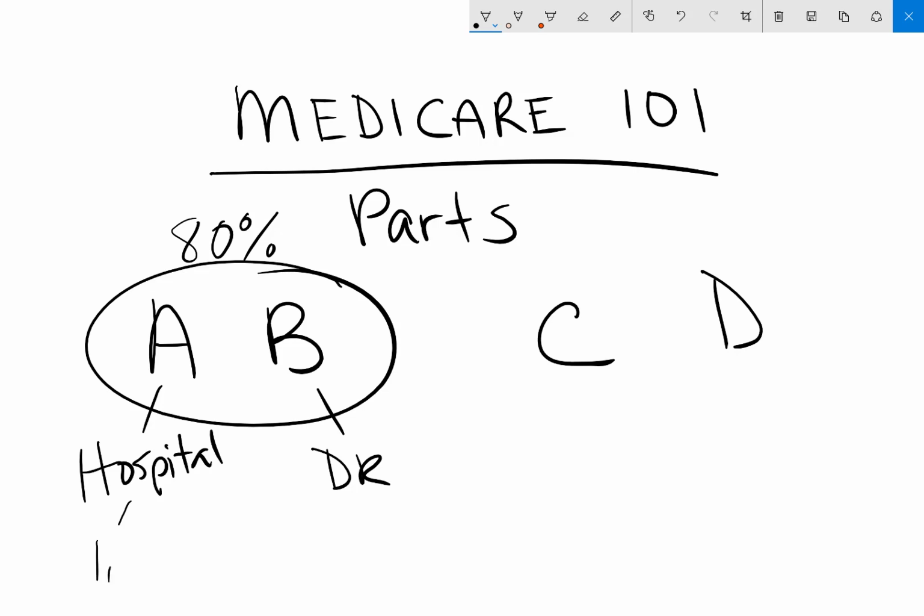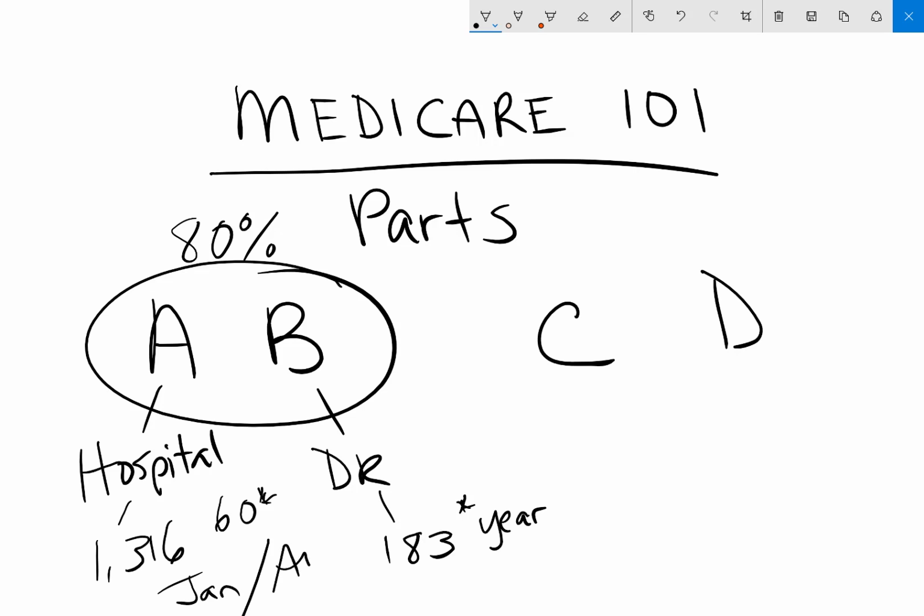Hospital is $1,316 per 60 days. Make a note of that. And then with doctor, you have a $183 deductible per calendar year. With the hospital, if you obviously were to go in January and you meet that full deductible of $1,316 and you go back to the hospital in August, you will have to meet that deductible again, being more than 60 days.